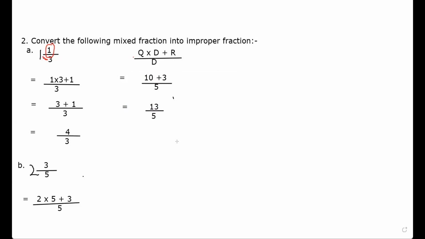That is the second part. My dear student, the answer is 13 upon 5. So you can see this is the process. This is our answer. So you can see how you have to convert this.